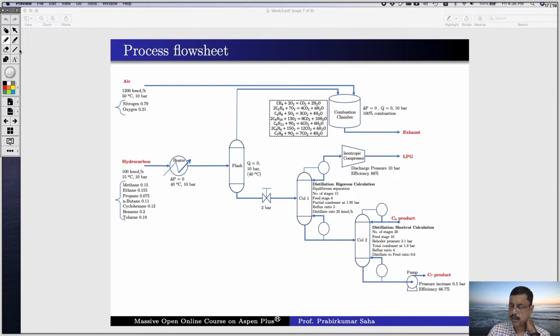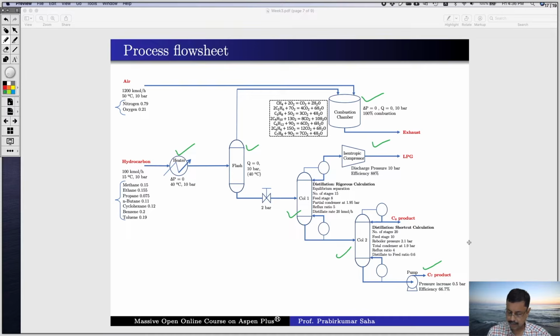Now here we have the complete process flow sheet in front of us. We can see all the unit operations that we have discussed, namely the heater, flash tank, combustion chamber, column 1, column 2, isentropic compressor and pump.